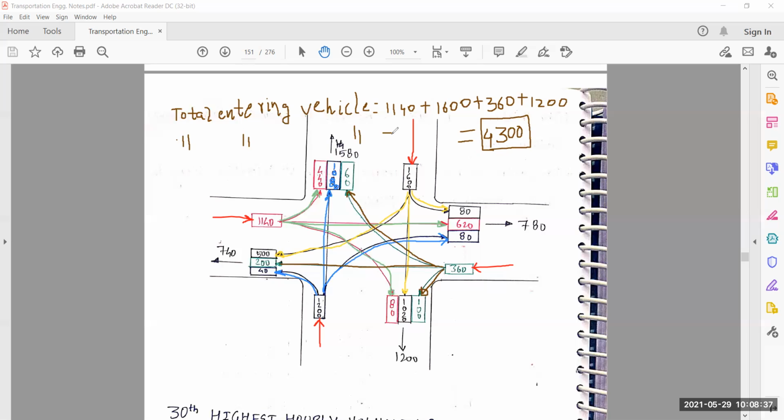That means the total number of vehicles which will leave the intersection is equal to, from here, 740 plus 1580 plus 780 plus 1200.